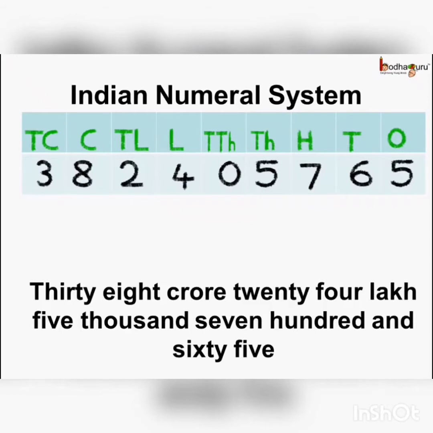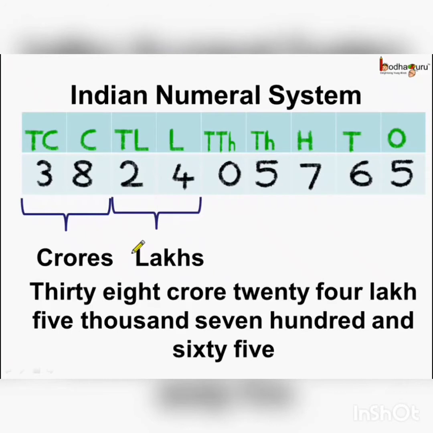Here we have 38 crores. Next we have lakhs. Here we have 24 lakhs. What is followed? It is followed by thousands. Here we have 5,000s. And lastly, it is followed by how many hundreds, tens and ones. So this way we can read any large number easily.